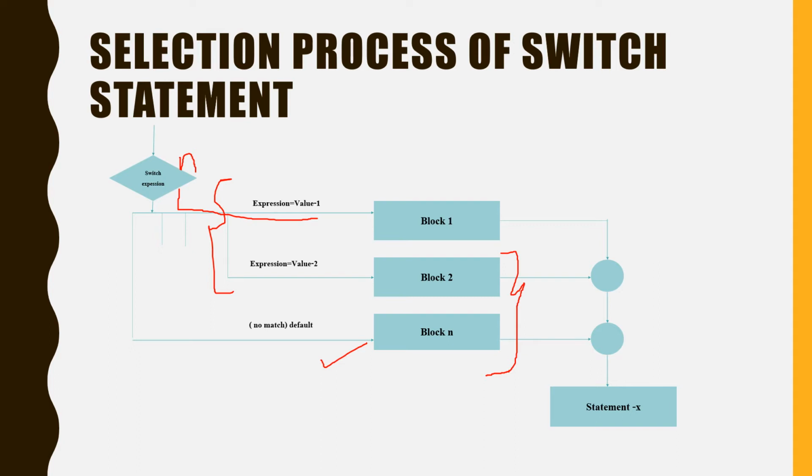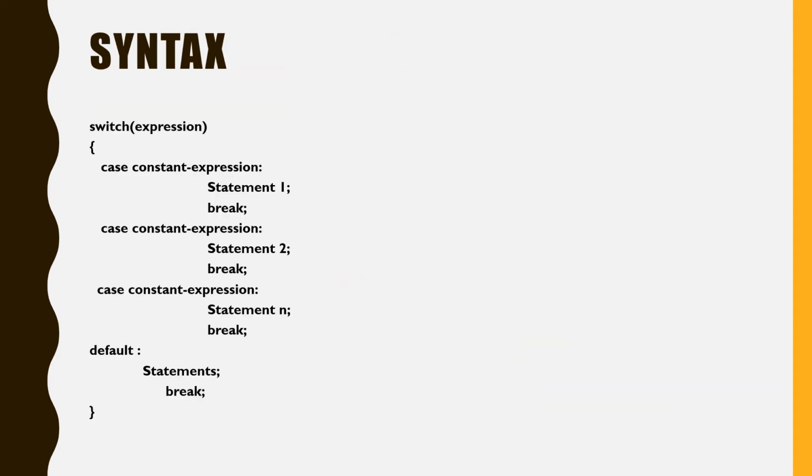Let's see the syntax for the switch statement. This is the syntax for the switch statement. As we said earlier, we have to pass the expression. The expression must be passed within the opening and closing parentheses, and this is the block statement.